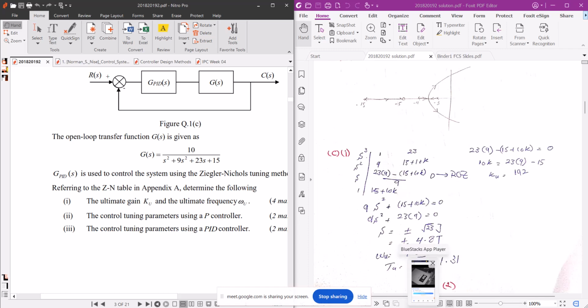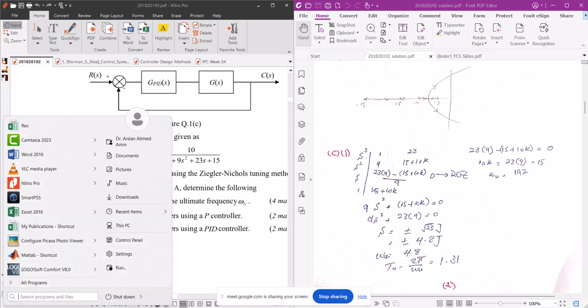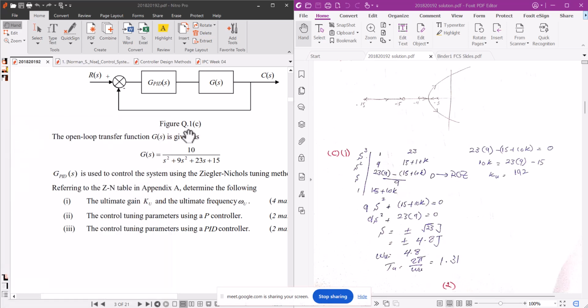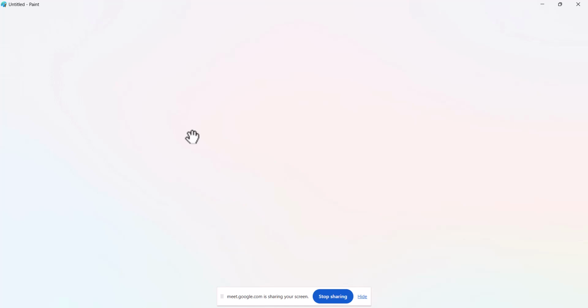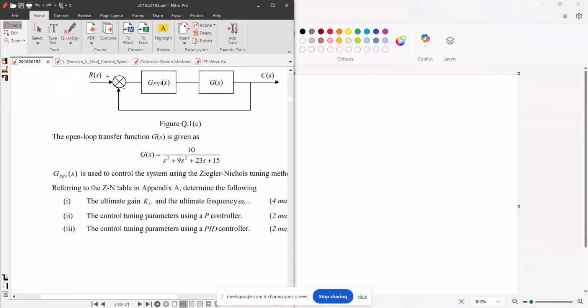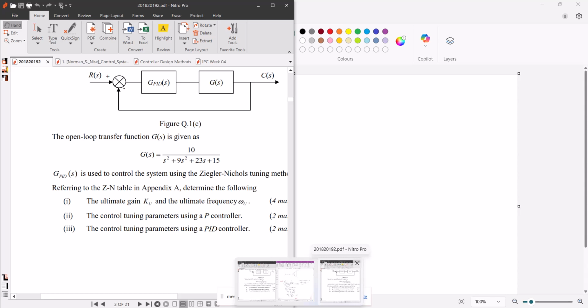How we will get this, I will show you. So this is basically G of s, 10 over s cubed plus 9s squared plus 23s plus 15.